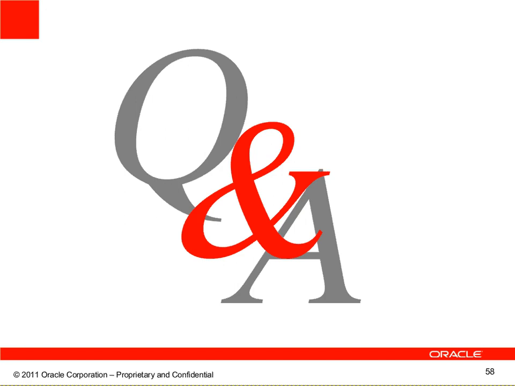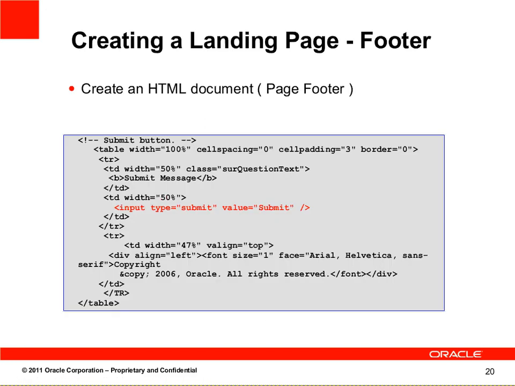I believe the one with the footer from HTML code. So I don't know if maybe you can explain the slide once again. Okay, this is the footer, which is part of the landing page, and in this case, the only special thing that it needs to have is a submit button. The rest is just regular HTML tags.